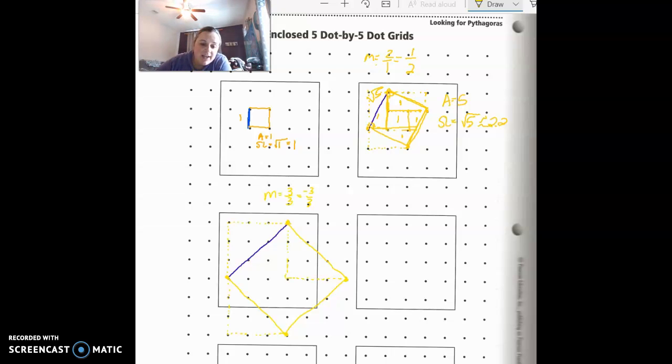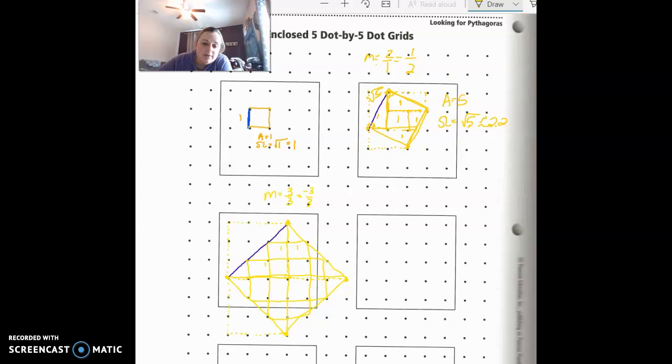All right, so let's find the area. Now it looks like we're already kind of forming some beautiful squares here. So we could break it up into shapes that we want, or surround with a rectangle.